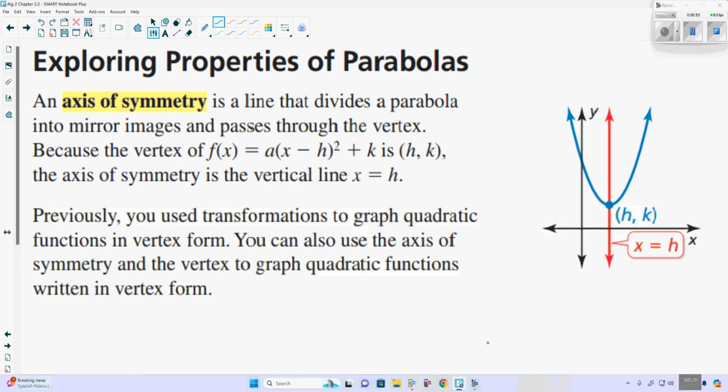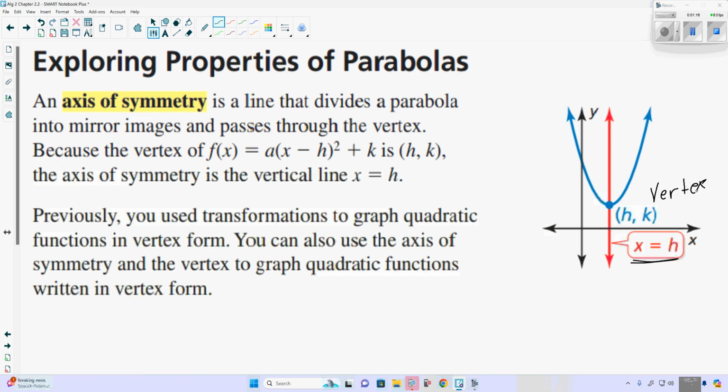So for this one here that they gave us, x equals h is the axis of symmetry. So with our parabolas that open up or down, the vertical line x equals h would be the axis of symmetry. This point, h comma k, is the vertex. It's the highest or lowest point.